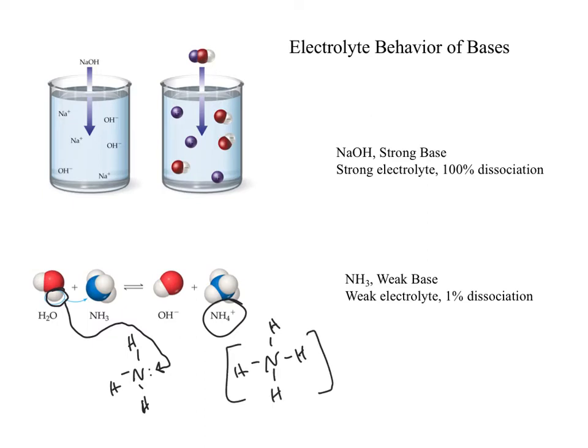Put brackets around the whole thing, and that would be positively charged. And when the water breaks up into H plus and OH minus, here's the OH minus. It's got the negative on it, and that's what's left over. Okay, so this is an example of a weak base. It's not an ionic compound. It's covalent. And it is a weak electrolyte, which is what you want to focus on here.